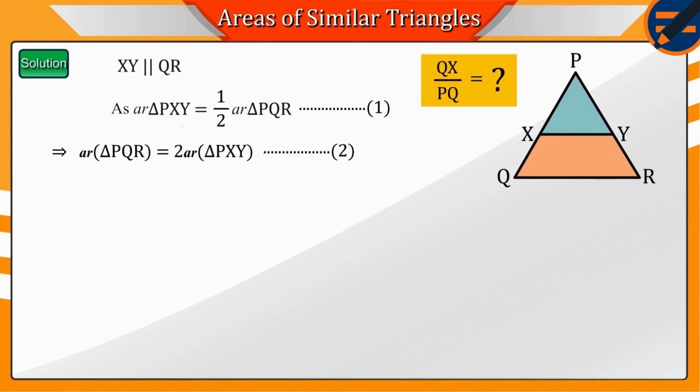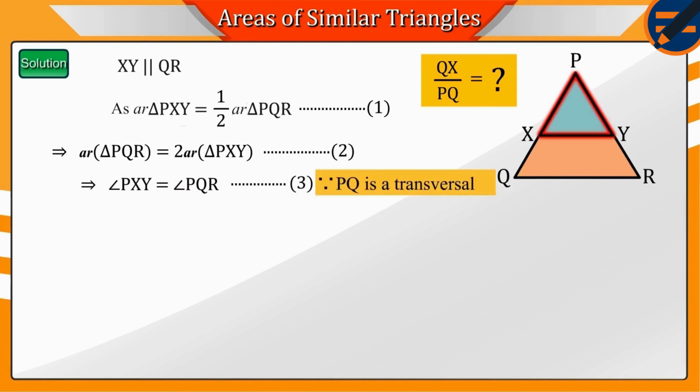Observing the figure, we can say that XY is parallel to QR, PQ is the transversal, so angle PXY will be equal to the angle PQR. Can you say if any other angle of triangles PXY and PQR are equal? Correct.